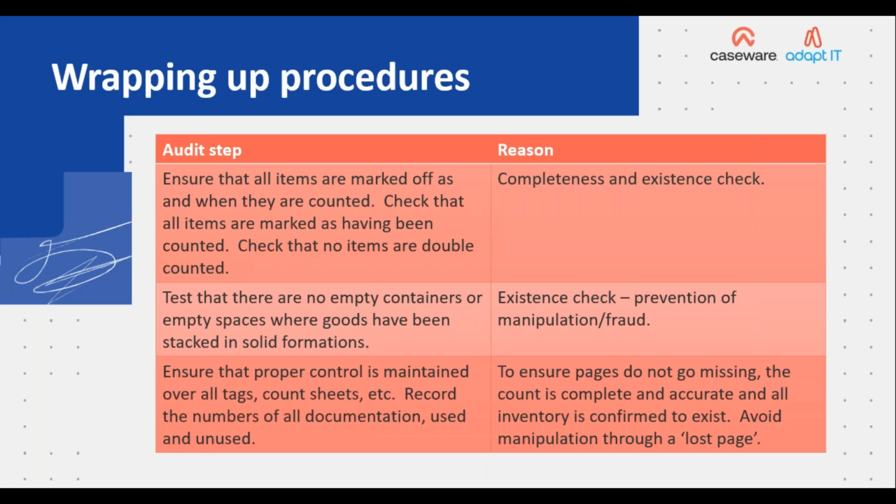Record the number of all the documentation used and also unused, because you want to make sure that all the pages are consecutive, that the pages do not go missing, the count is complete and obviously accurate, and all inventory confirmed actually exists. So you do want to avoid manipulation through the loss of a page.